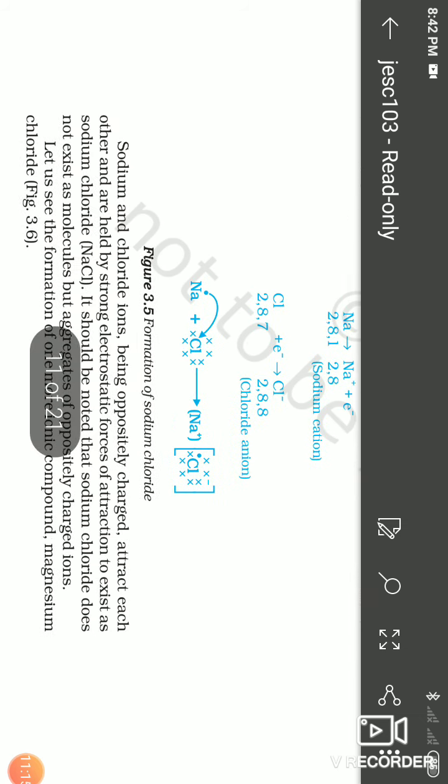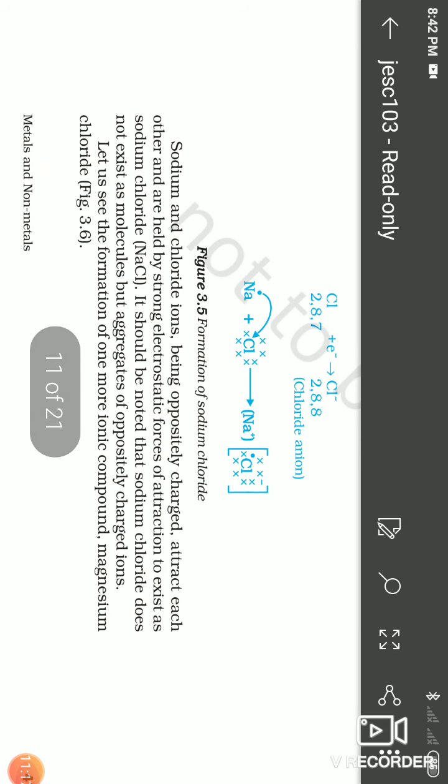This gives us a chloride anion. So both these elements have a give and take relation between them, as follows. Check it. This is the reaction: sodium reacts with chlorine and forms sodium chloride.